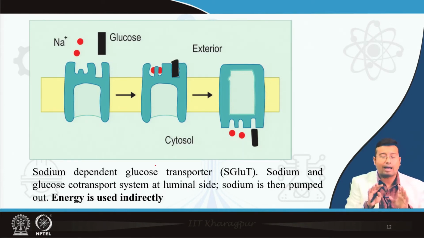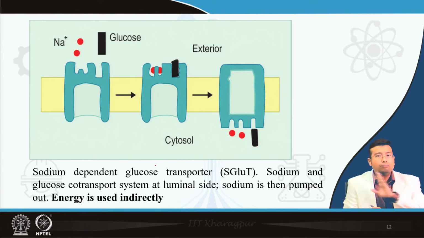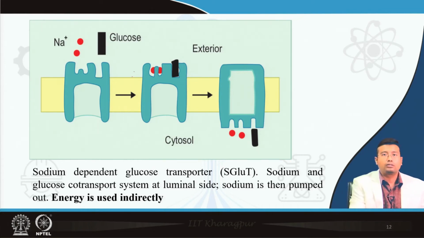This is exactly what happens in the sodium dependent glucose co-transporter, right? So SGLT, it can also be termed as SGLT. What it does is, glucose alone is not allowed. Only when sodium is there, both sodium and glucose attached to this transporter, then the transporter simply turns the direction.